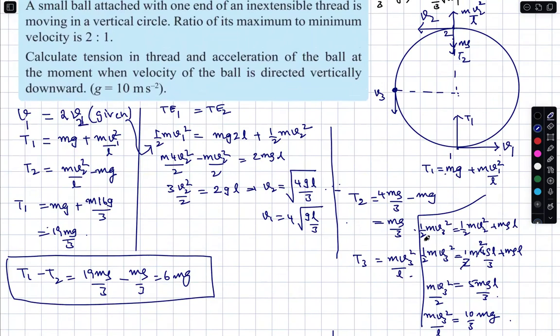Half mv3 square plus mgl is equal to half mv2 square plus mg2l, I would have written. When I am applying the law of conservation of energy, I am taking that point as the reference, and above which, whatever height is there, I will take. Okay? Got the point?